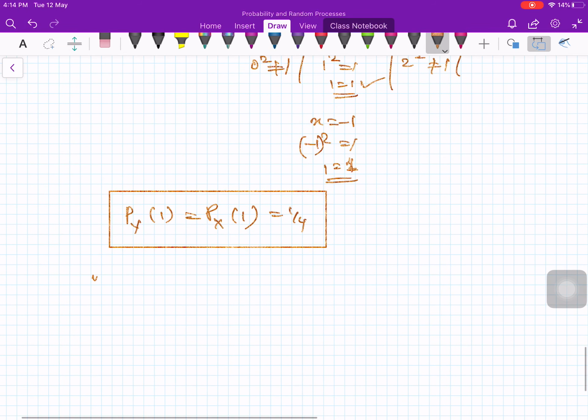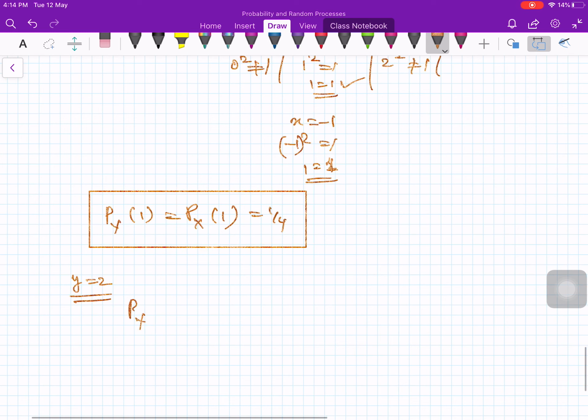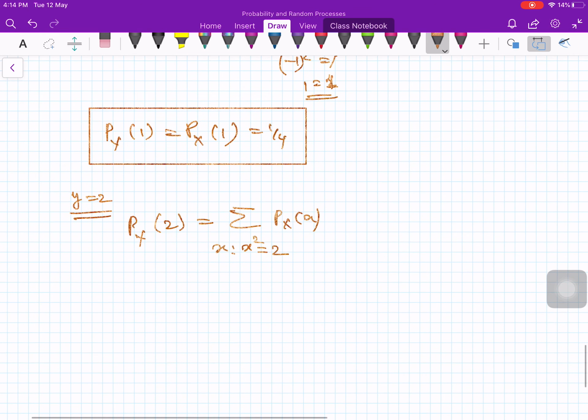Now when y is equal to 2, there is a problem. Py of 2 is the sum over the set of all x's such that x squared equals 2, right? So what values will satisfy? When x equal to 0, 0 squared is not equal to 2, leave it.